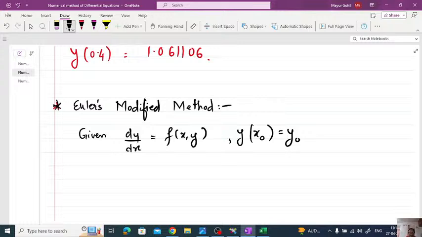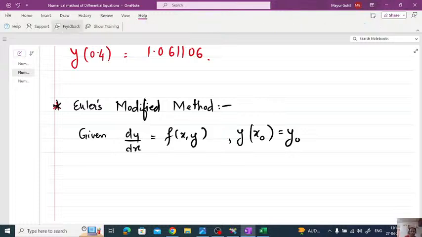Then right now we have the formula here.